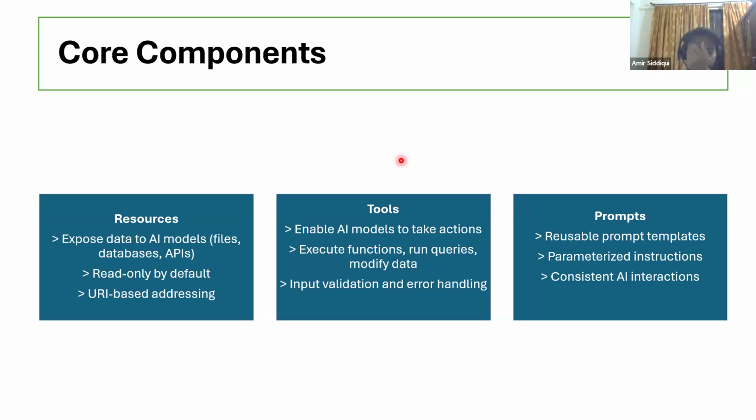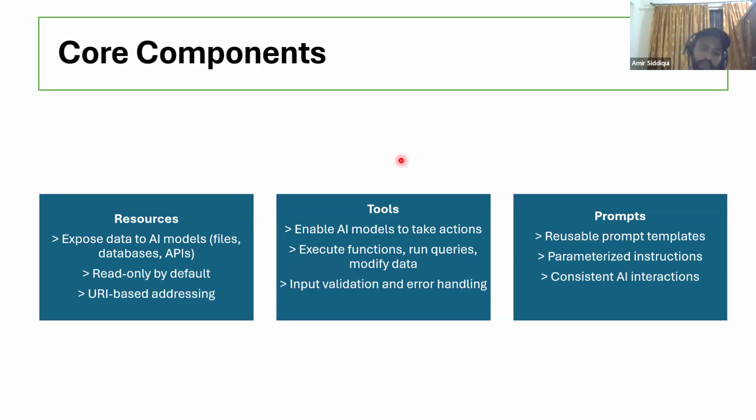Then you can run queries, and you can even use it to modify data. It can also do input validation. For validation, you can use Pydantic, which will validate your input. And it can also do error handling; you can write functions to handle errors.